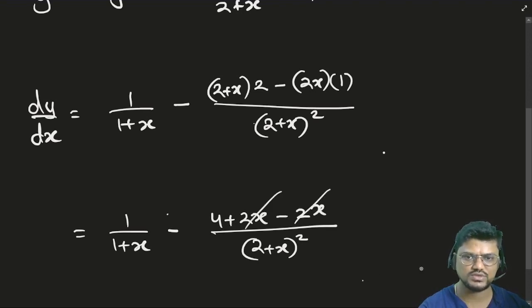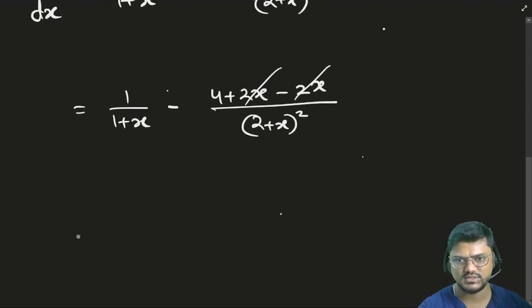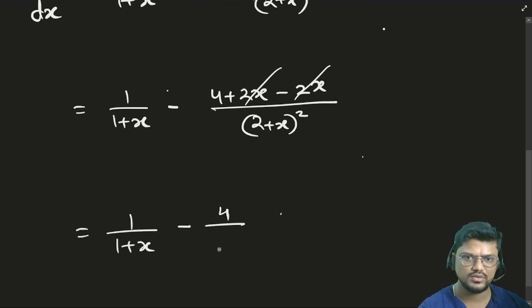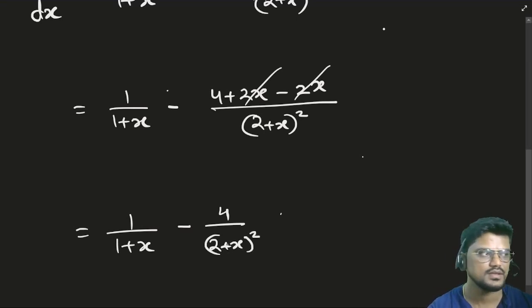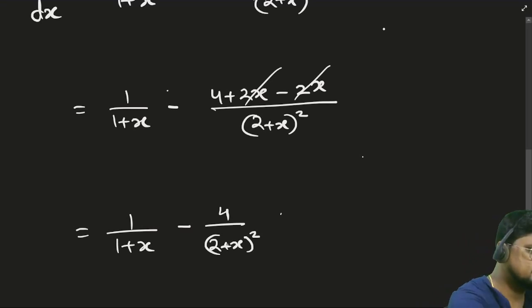This 2x and minus 2x will get cancelled. Now what is left? 1 upon 1 plus x minus 4 upon (2 plus x) whole square. This is what is left in f dash of x.